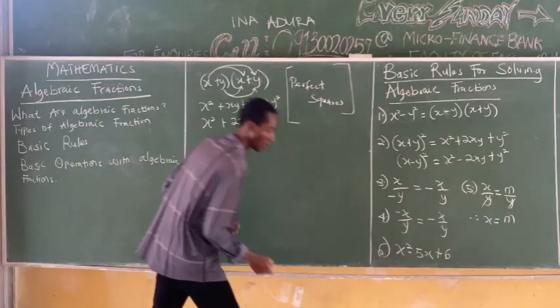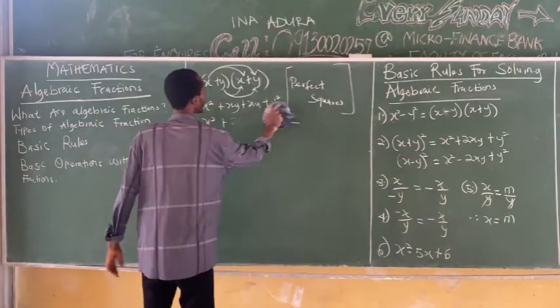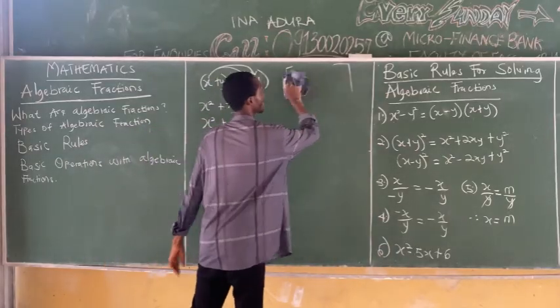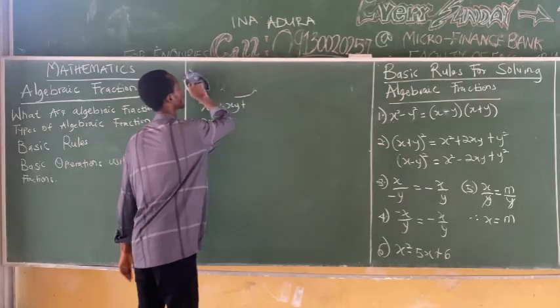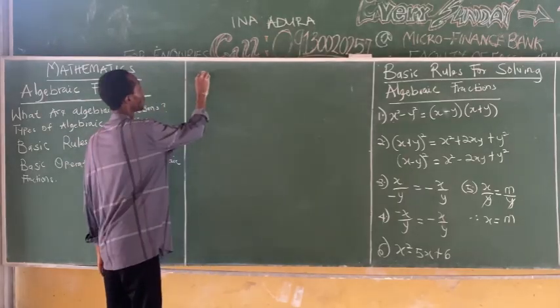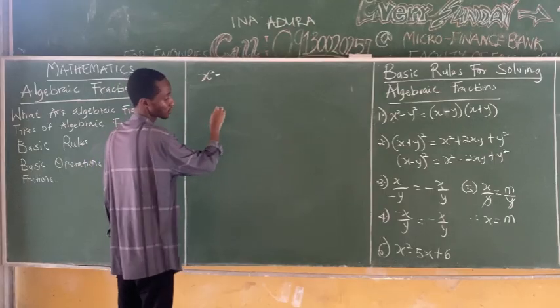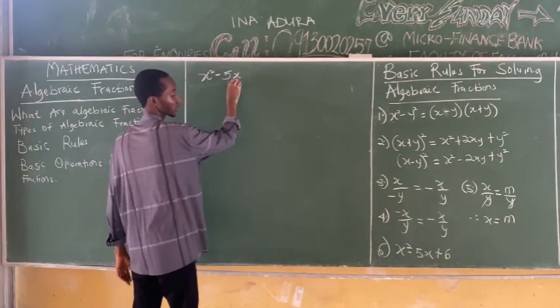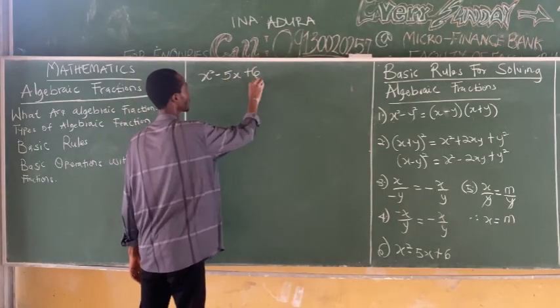So for the sixth rule, we have x squared minus 5x plus 6.